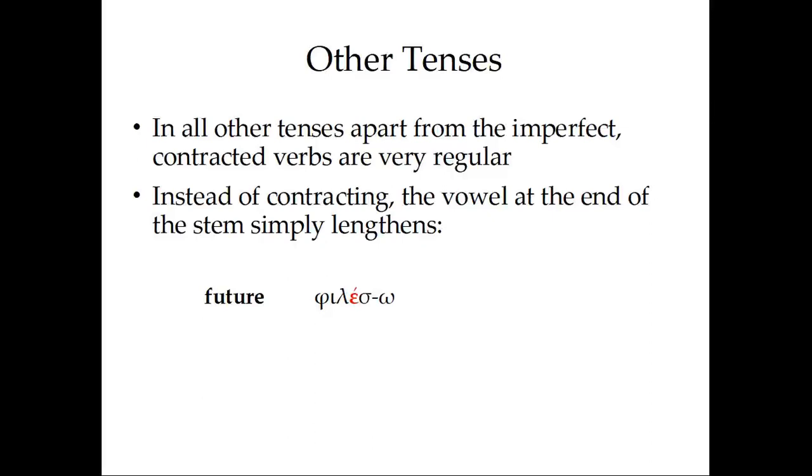Now what happens instead with these verbs, in Attic, again, in Herodotus' dialect Ionic, or Homer's dialect, we might see something different, but it's phileso with that epsilon lengthening to eta. In the aorist, we'd expect ephileosa, but we get ephilesa, that epsilon lengthens to eta. In the perfect, instead of pephileka, we get pephileka with eta. Again, very regular, actually, in all of these other tenses.